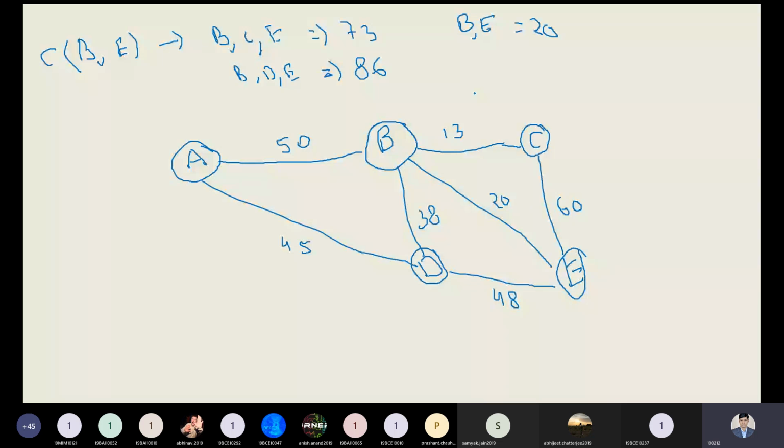So these are the three costs I can have for calculating the distance from B to E. Am I right? Yes, sir.